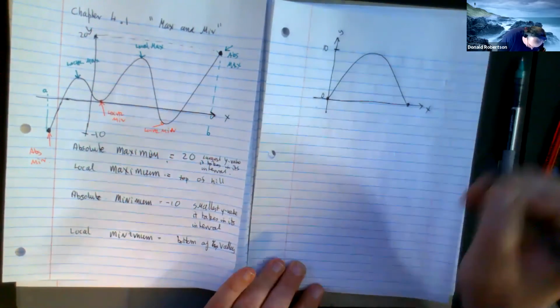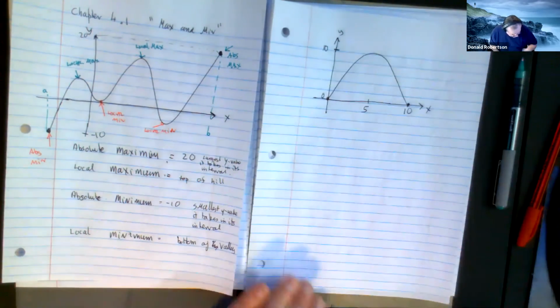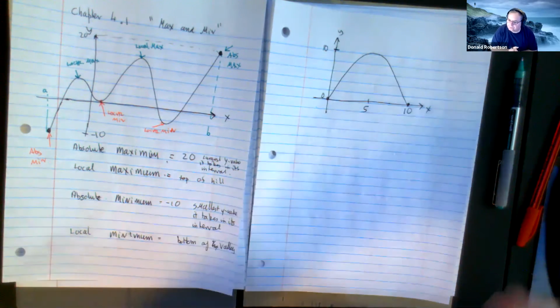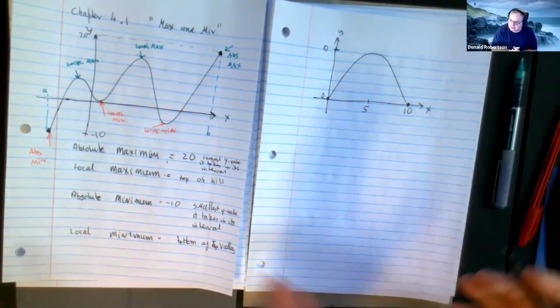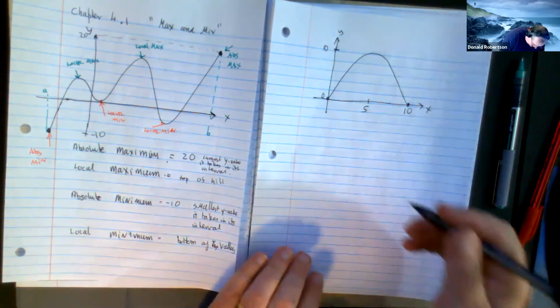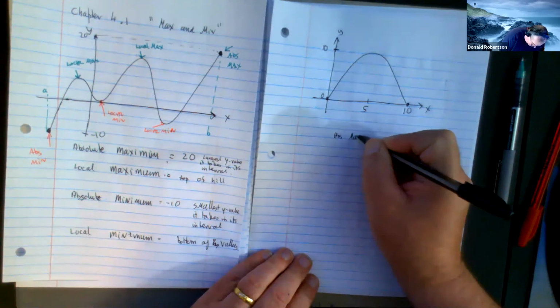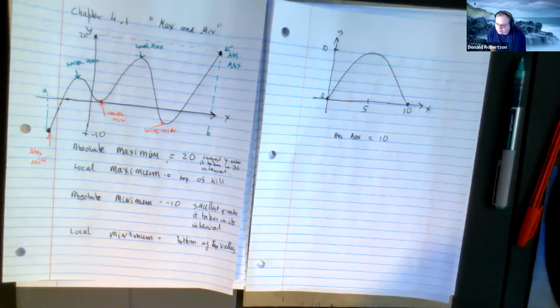Obviously, that's 0. I'll put an x coordinate of 10 or something like that. Nothing really too strange happening to this function, but this is like a starter. This function that you're looking at here has an absolute maximum of 10. Agreed? Does it have a local maximum?